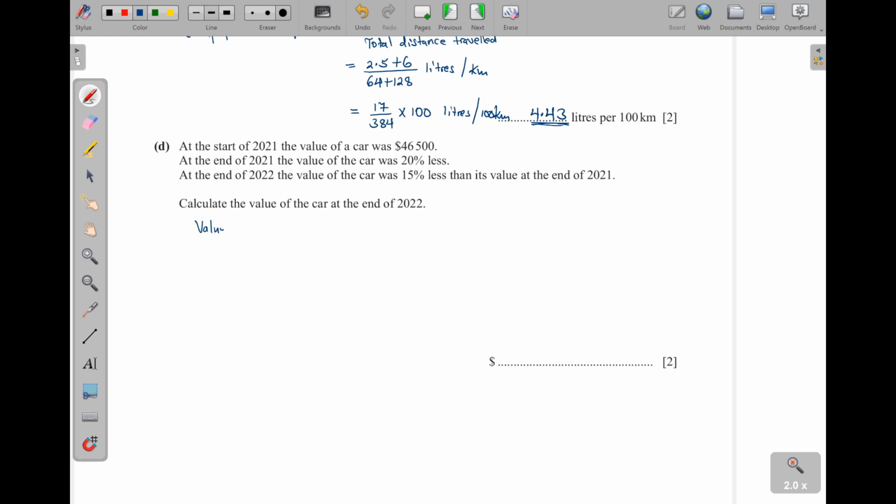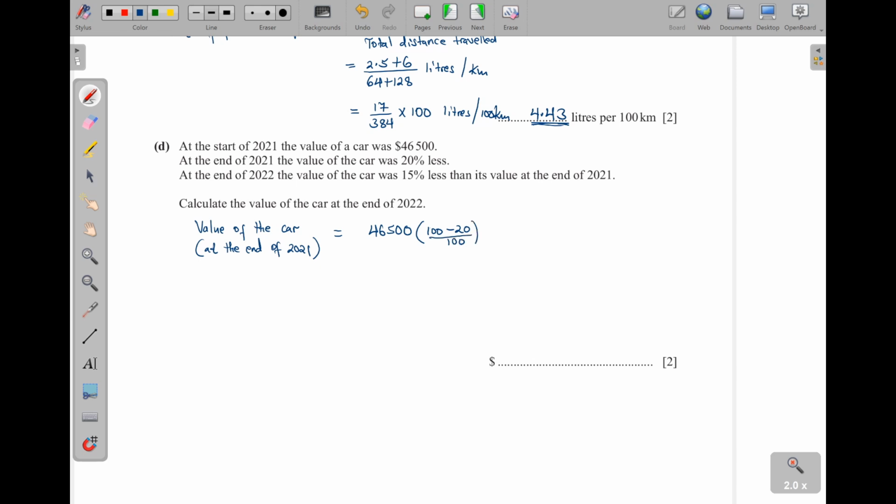Okay, now let's look at the value of the car at the end of 2021. Let's do it in steps. Value of the car at the end of 2021. So this one is going to be equal to 46,500. It is decreasing by 20%, so I will say 100, then subtract 20 out of 100.